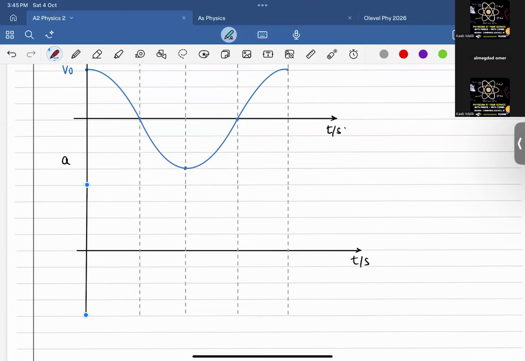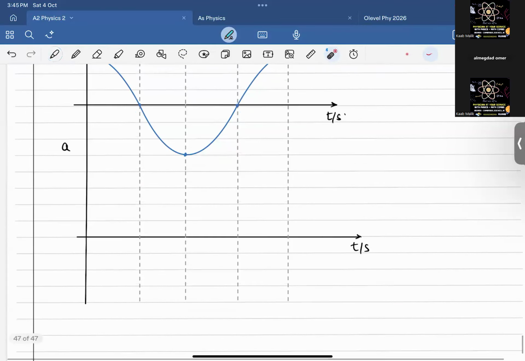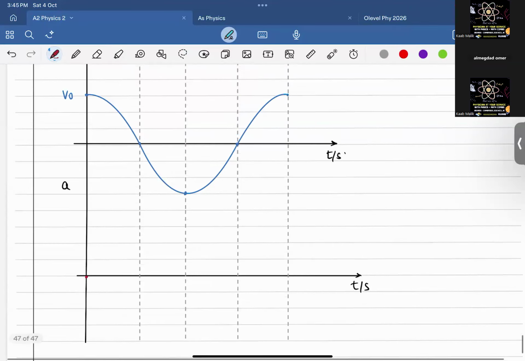Over here in the starting, the gradient is zero, because if you make the tangent, the tangent is horizontal, right? So initially the gradient is zero, and then the gradient is maximum when the velocity is zero at this point, but in the negative direction.